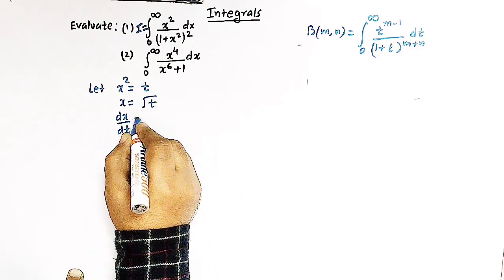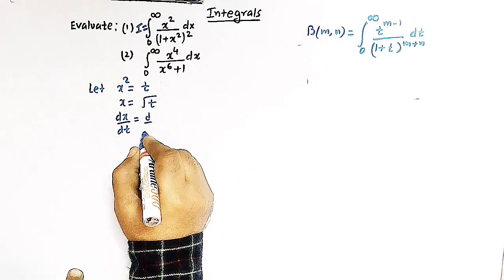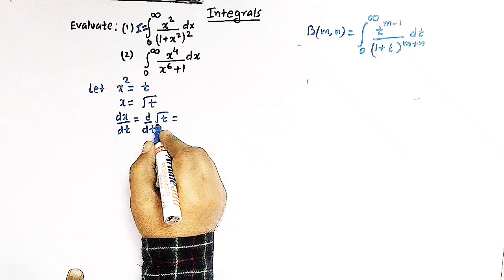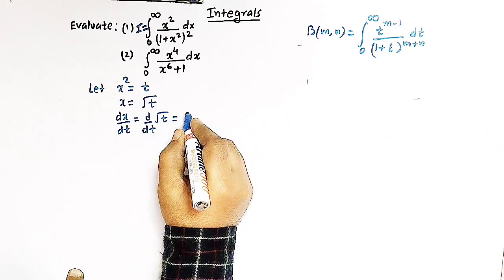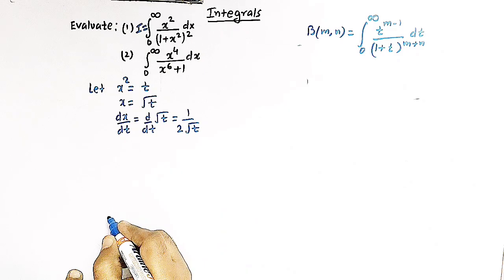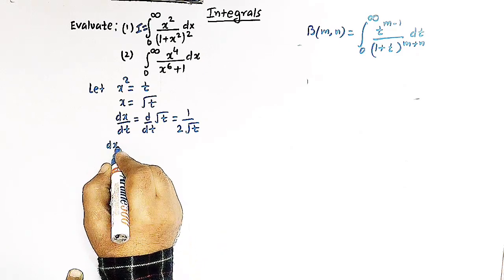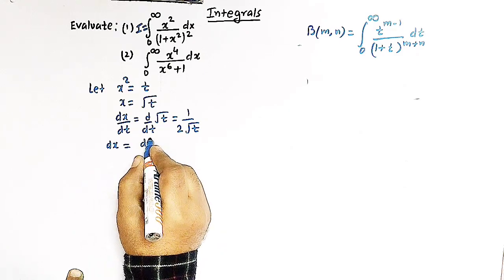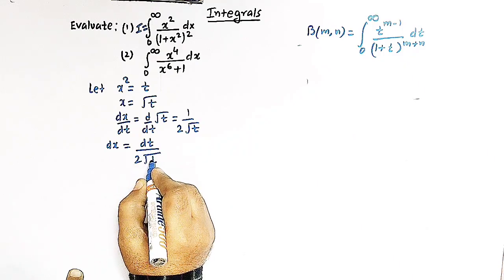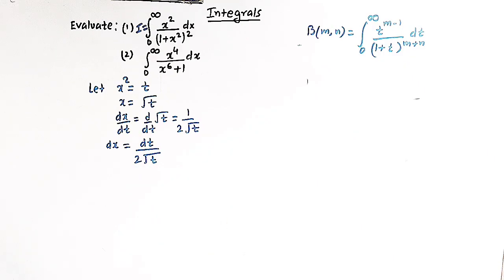So we have dx over dt is equal to the derivative of square root of t, and the derivative of square root of t is 1 over 2 times square root of t. So now we can write dx is equal to dt, and here we have 2 times square root of t.